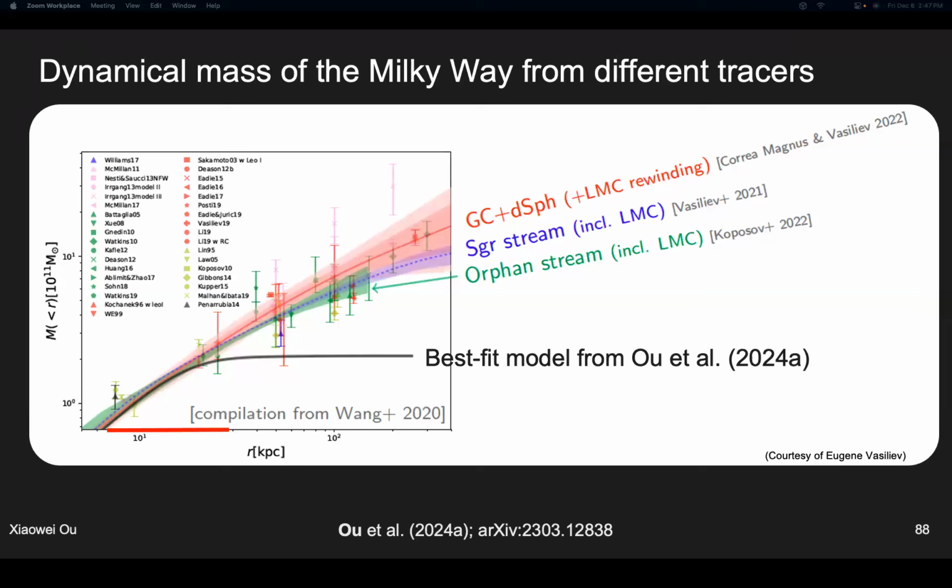So the exponential drop off is essentially telling us there's no more dark matter outside of 10 or 15 kiloparsec, so the mass becomes constant as you keep going out.